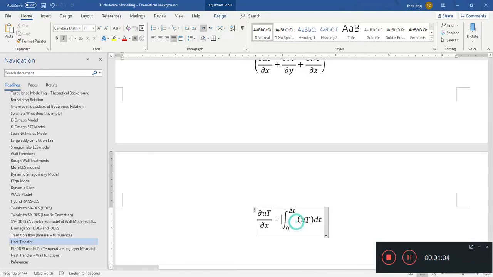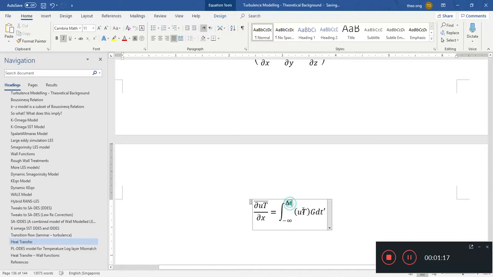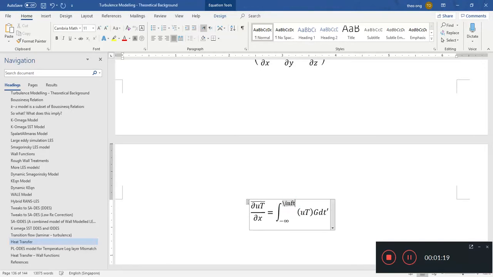So the most generic form of the filter function is we have a dt prime here, which we will just integrate from minus infinity to infinity. And then of course we'll do integration over space as well, minus infinity to infinity.